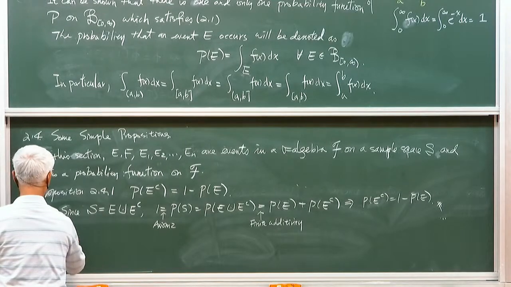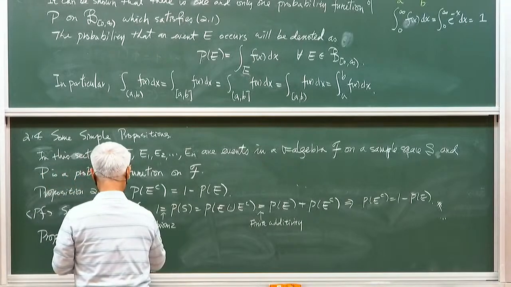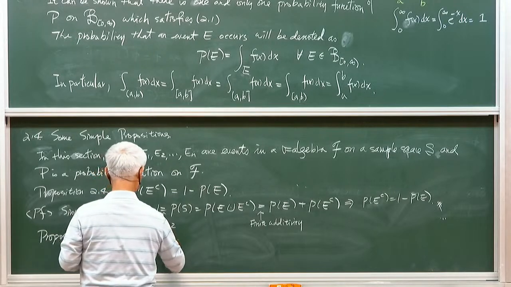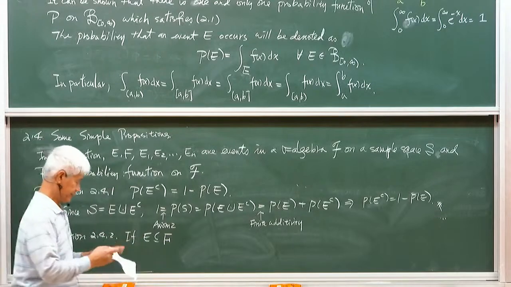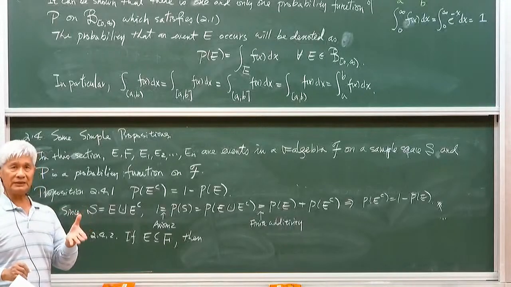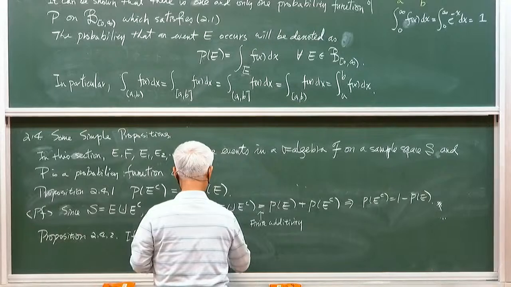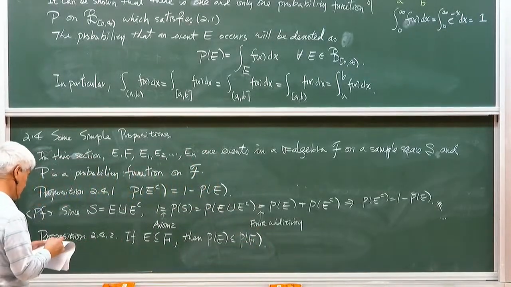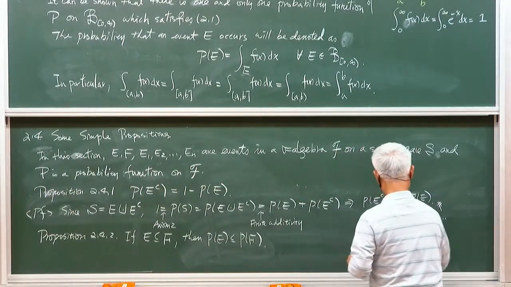The second simple proposition, 2.4.2. If event E is a subset of event F, which means that event F is bigger than event E, then the probability of event F is greater than or equal to the probability of event E. Our situation is here.